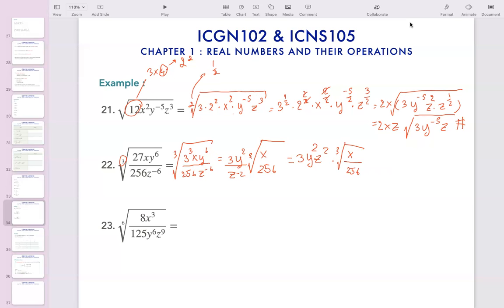Somebody may say that you would like to simplify 256 to be 2 to the power of 8, and then take it out. You may be able to do that as well.